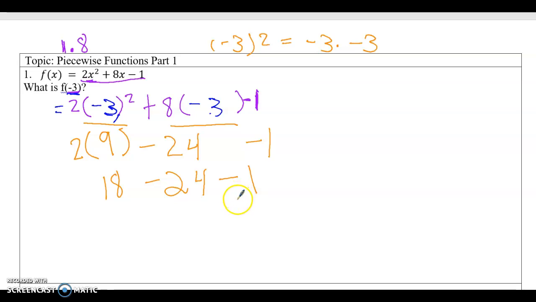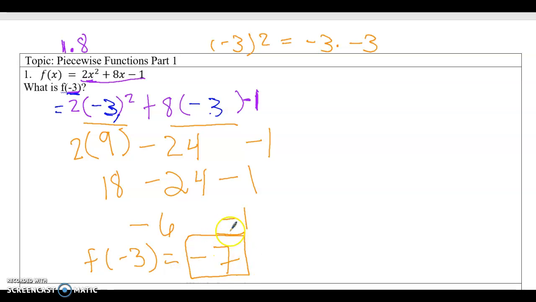Okay, now I'm just going to add or subtract, and in this case I am subtracting from left to right, so I have 18 minus 24, which is negative 6, bring down the negative 1, negative 6 minus 1 is negative 7. So I know that f of negative 3 is negative 7. And I'm going to box my answer so you know that I am done.